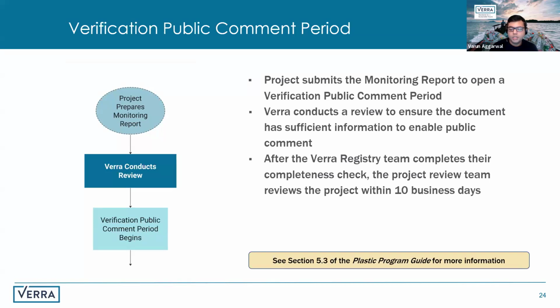And similar to the listing stage, we really don't assess the conformance or eligibility at this stage, but we just ensure that the various sections of the monitoring report are complete for the public comment period. And once that's confirmed, we open a verification public comment period, post which projects can begin verification of their activities by the VVB.